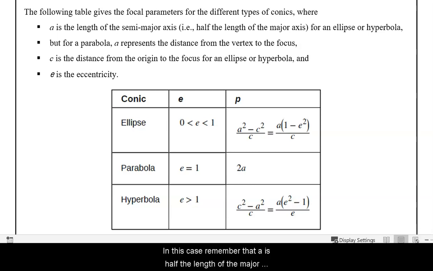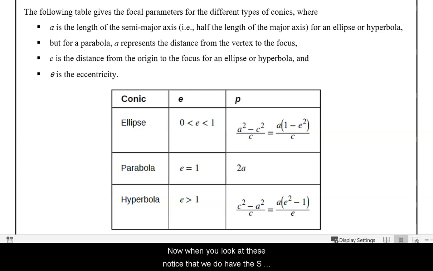In this case, remember that a is half the length of the major axis of an ellipse. For a hyperbola, it is the distance from the center of the hyperbola to the vertex on one of the opening arms. On a parabola, however, a represents the distance from the vertex to the focus point, or from the vertex to the directrix point, since it is the same distance.